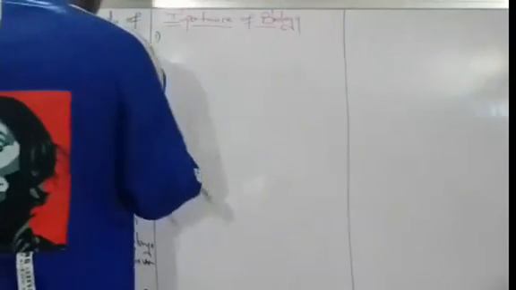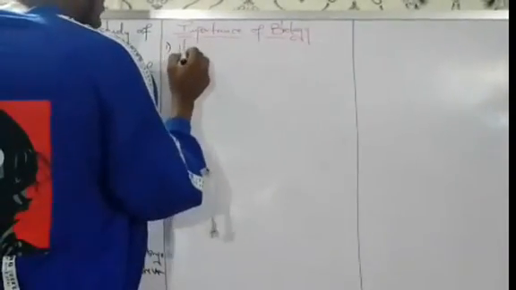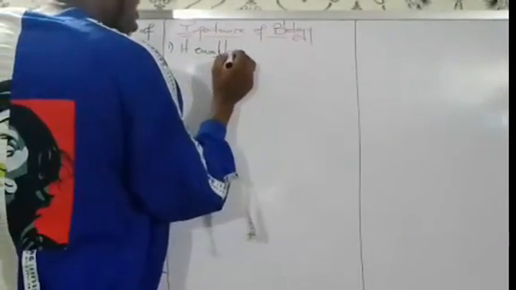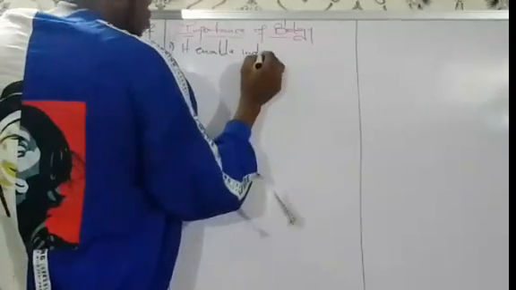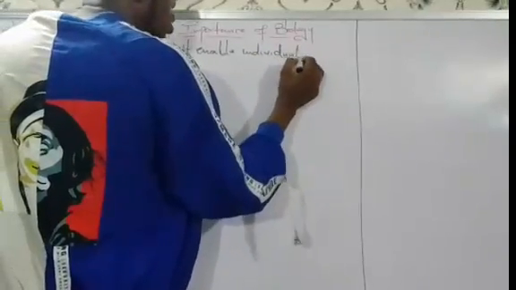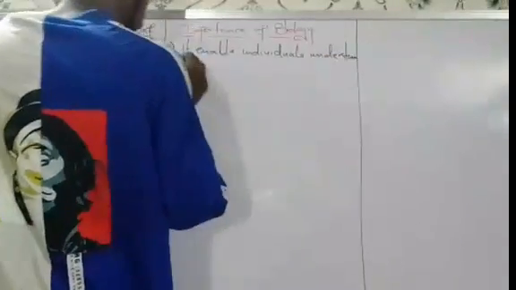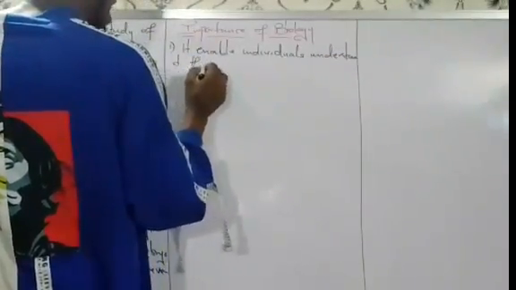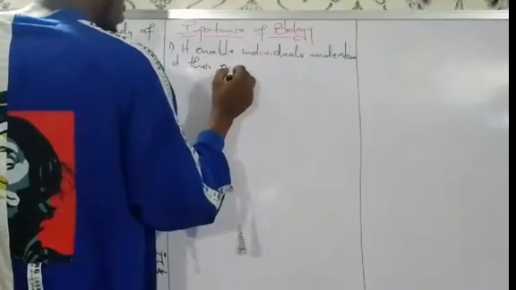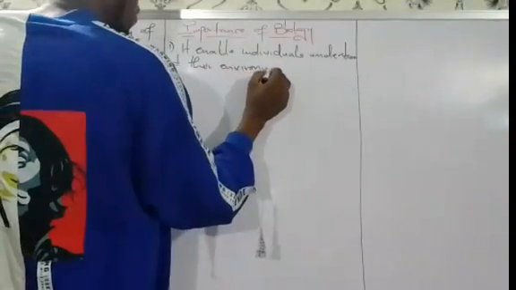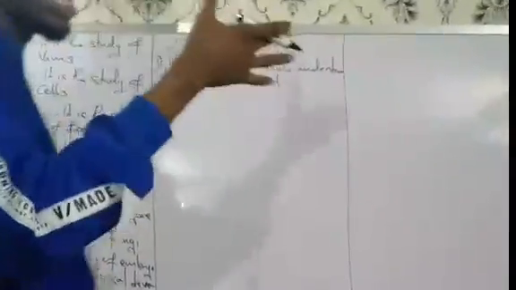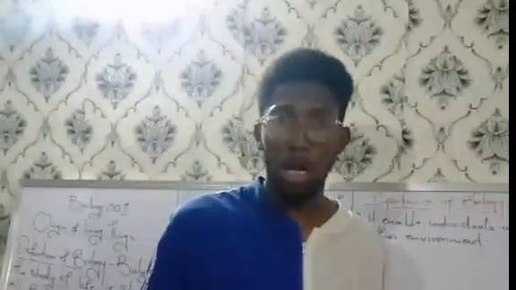Let's see how we can put them into context. You can say number one, it enables individuals to understand their environment. Because regularly and constantly, organisms will continue to interact with their environment, and that's ecological.